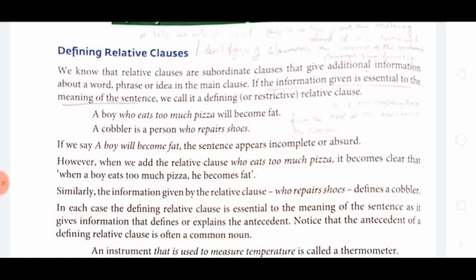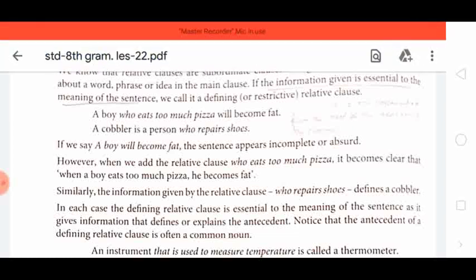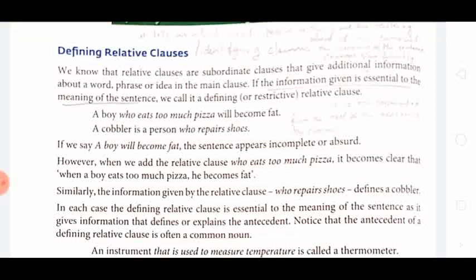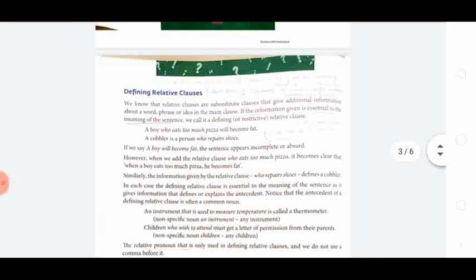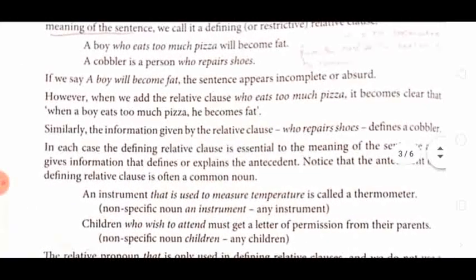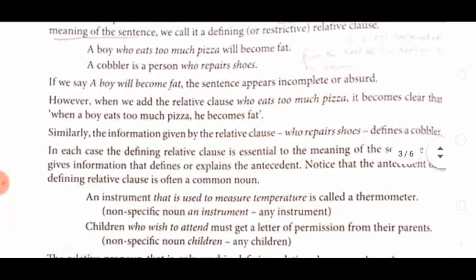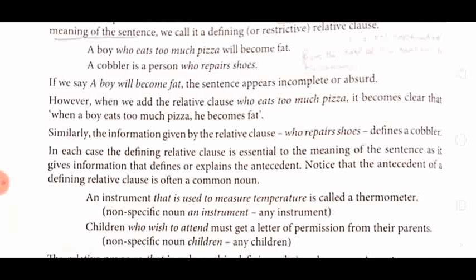In each sentence, the defining clause is essential to the meaning of the sentence, as it gives information that defines or explains the antecedent. Notice that the antecedent of a defining clause is often a common noun. Here a boy or a cobbler, they are common nouns.